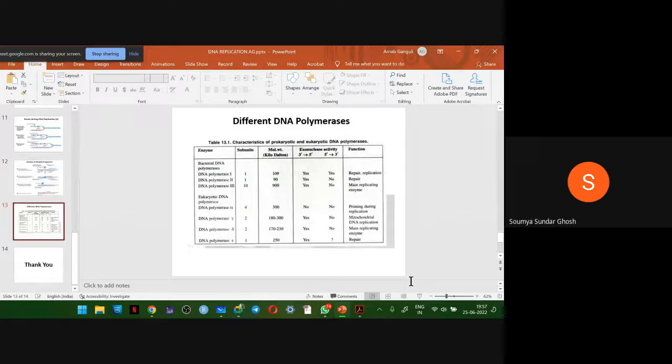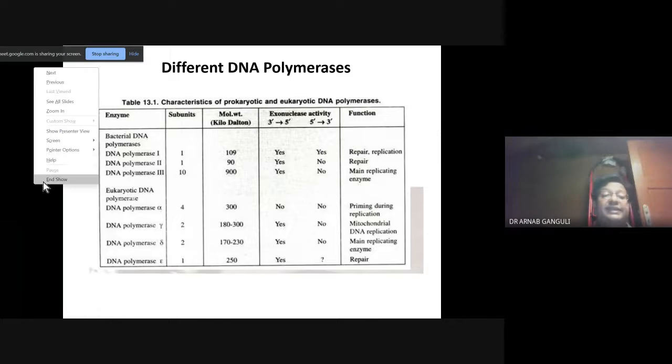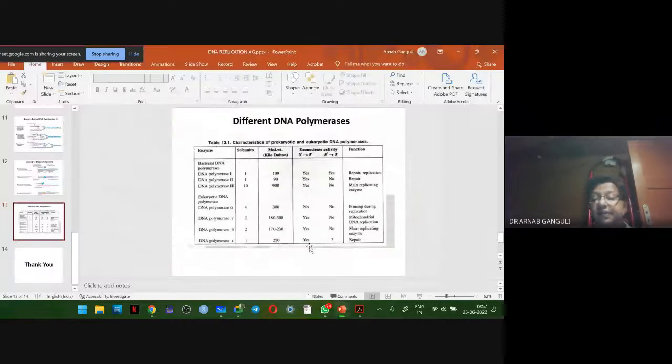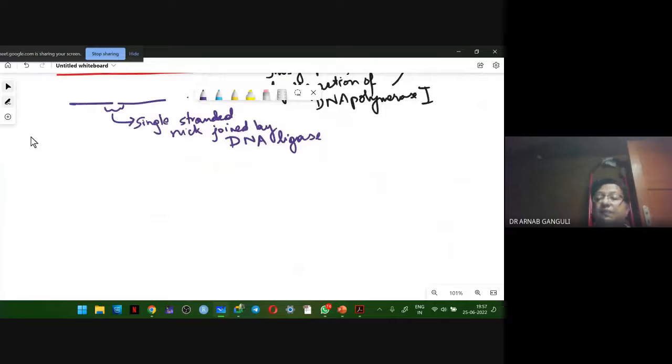So this is the last slide. It has the function of different polymerases. Now polymerases have a function known as proofreading.